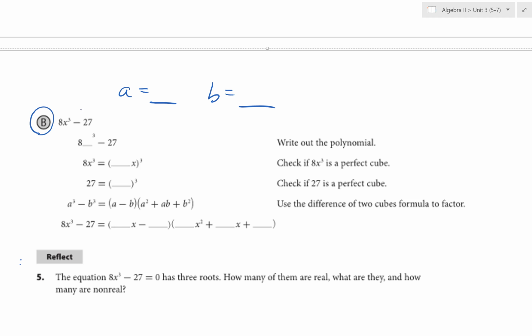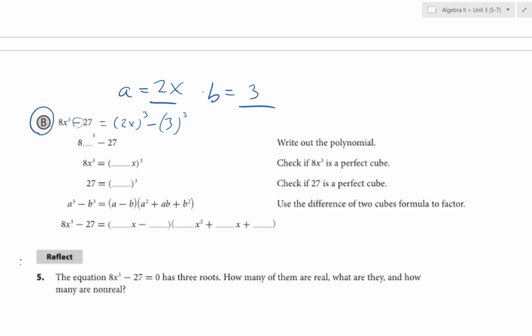For A and B. Sorry, yeah, so what's A? A is 2x and B is 3, just 3, because we're already recognizing it as a difference, so we don't need to put the negative in for that. So we would cube 2x to get 8x cubed, and we would cube 3 to get 27.